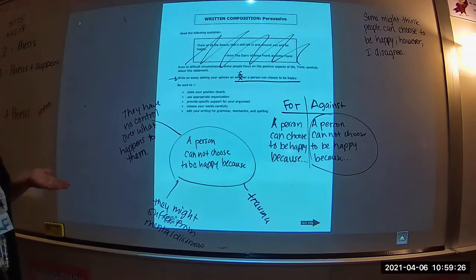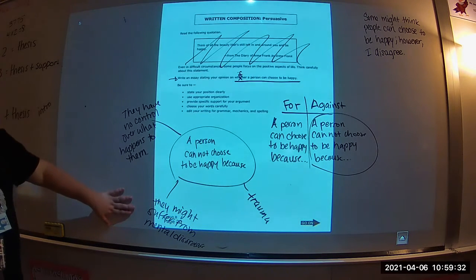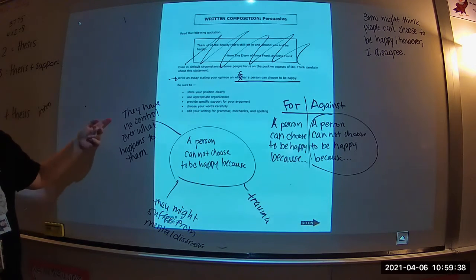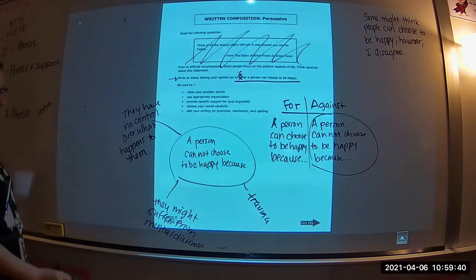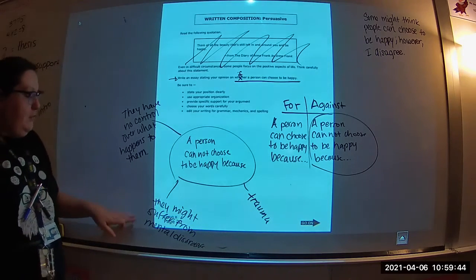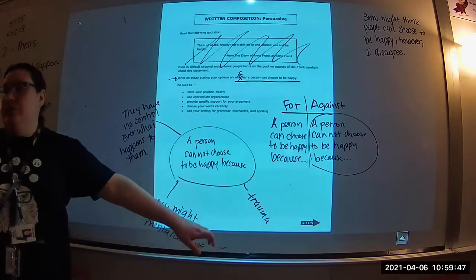So what's one that we could have good examples for? Mental disorders, right? And in that mental disorders, you can talk about PTSD, which in reality does acknowledge this one, right? And also has trauma linked to it. Or you could even say they might suffer from mental disorders due to trauma.